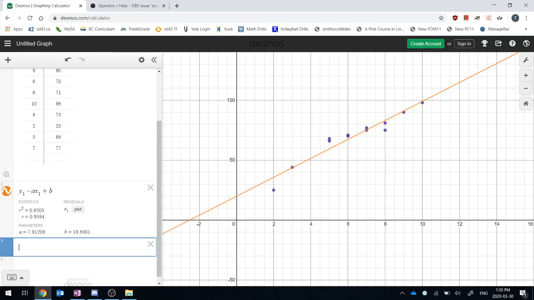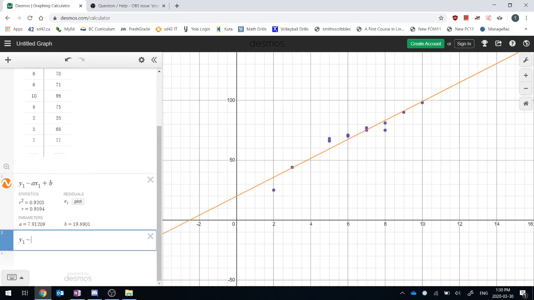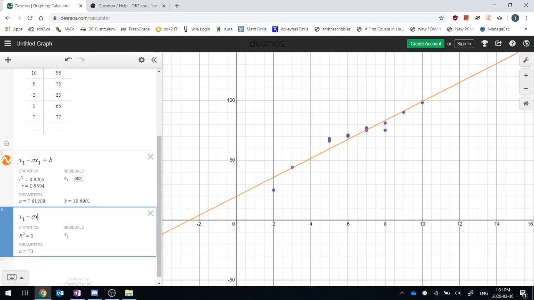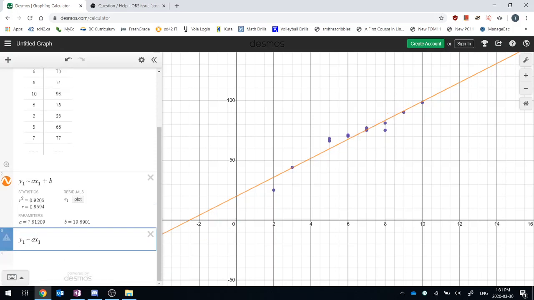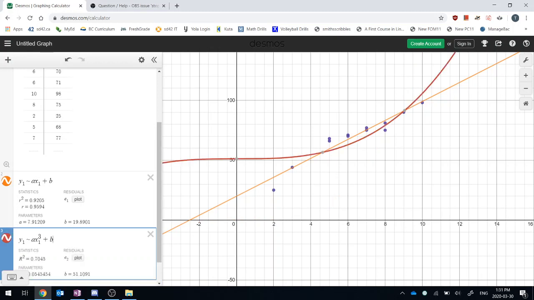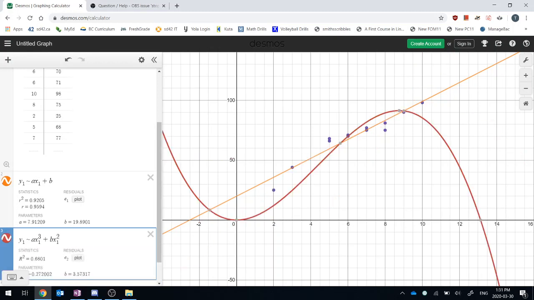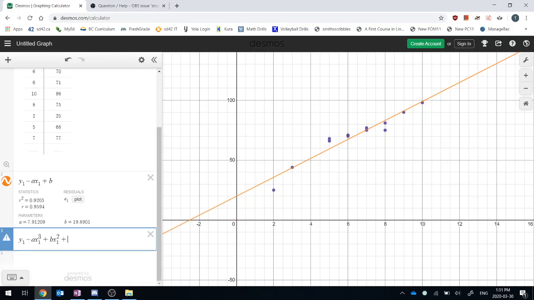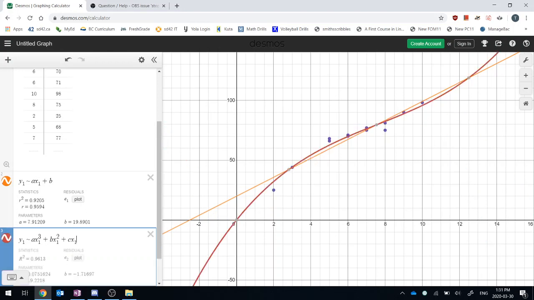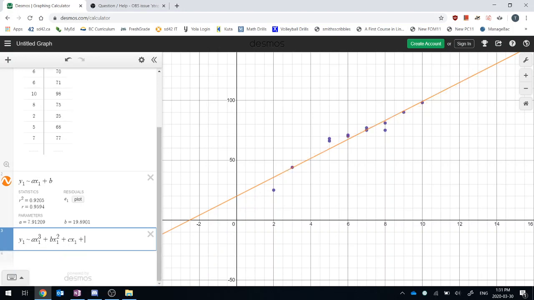Okay. So you should be familiar with the format that you have to enter your data into Desmos now. So I'm just going to do this one real quick. So it's going to be y1 approximately equal to some a value times x1 to the power of 3 plus some number b times x1 to the power of 2 plus c times x1 plus d.